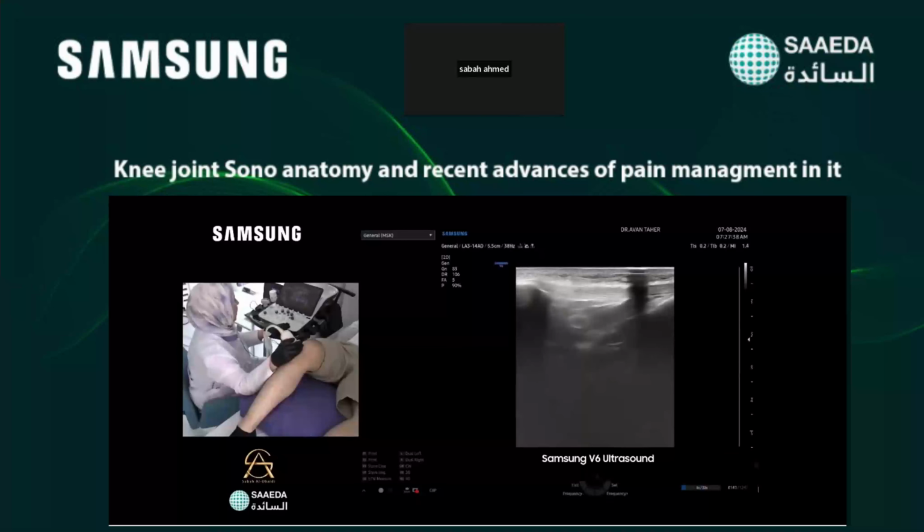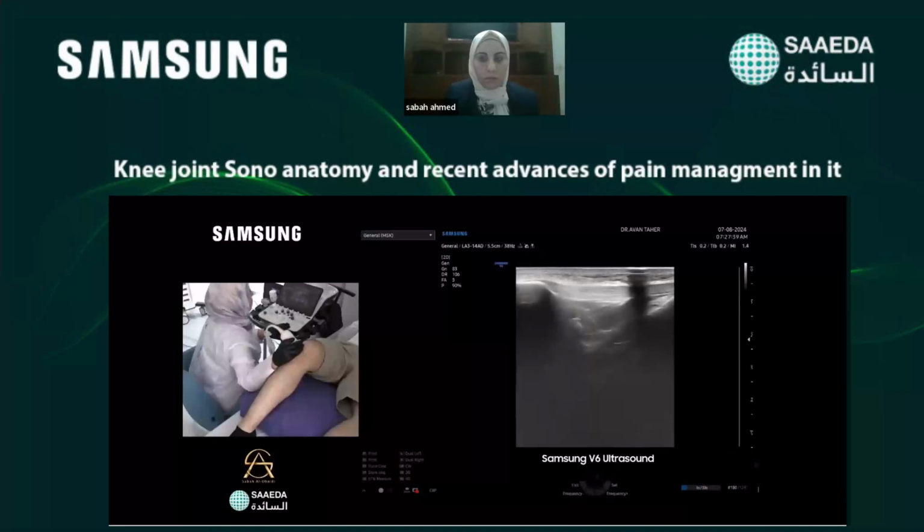There are another two important locations to see here, just below the patellar tendon. This is the infrapatellar bursa, the deep part. We have the infrapatellar bursa, superficial and deep part. The deep part we should see near the tibia.